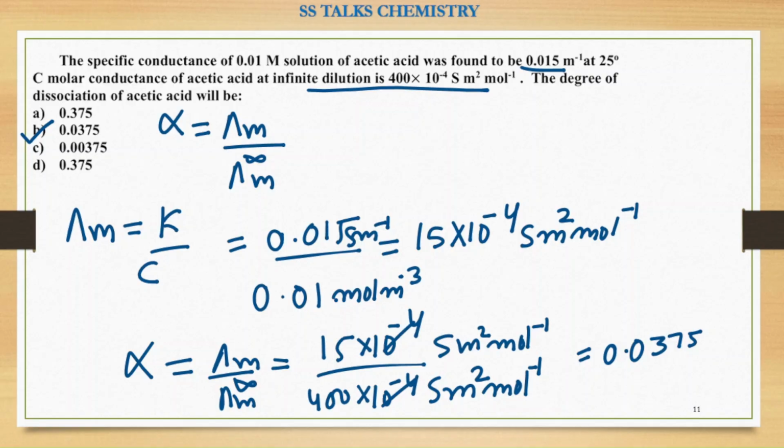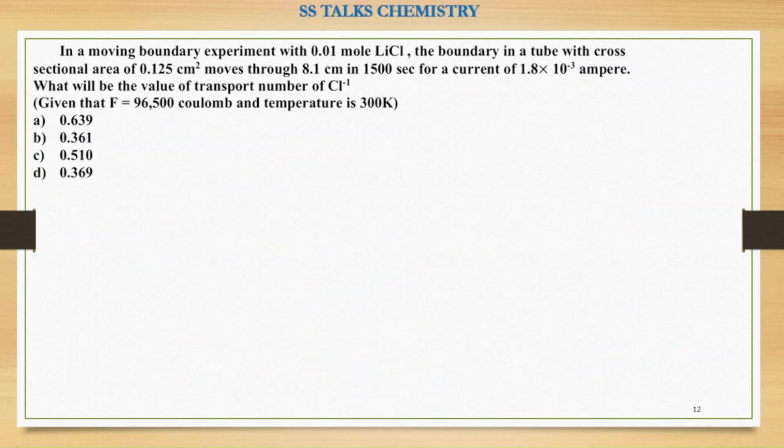Okay. Now moving on to the next, we have this question. It says in a moving boundary experiment, with this many moles of lithium chloride, the boundary in a tube with this cross-sectional area moves through 8.1 centimeters.